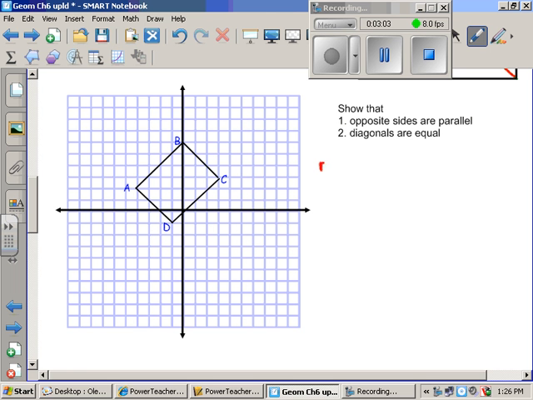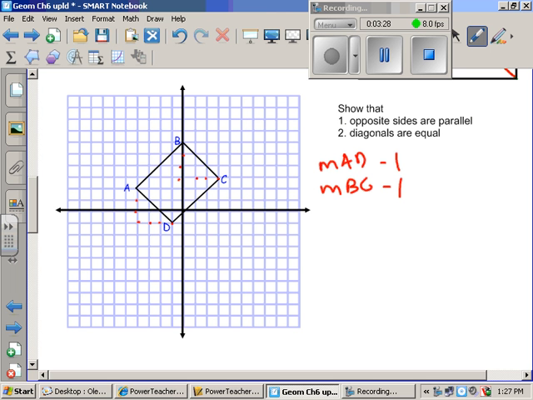So I'm going to do the slope of AD and the slope of BC. Okay, and since it's a graph, I'm just going to count. AD goes down 1, 2, 3, and over 1, 2, 3. So its slope is negative 1. The slope of BC goes down 1, 2, 3, over 1, 2, 3. So its slope is negative 1.